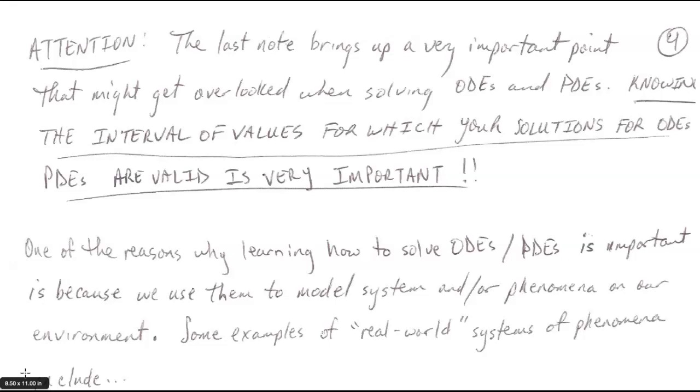This brings something up very important. We want to talk about the fact of knowing what x values that particular equation is going to be valid for. It's one of the things that in the whole process of solving differential equations sort of gets lost in the sauce, as I would like to say, because you're so worried about just getting what the actual function is.